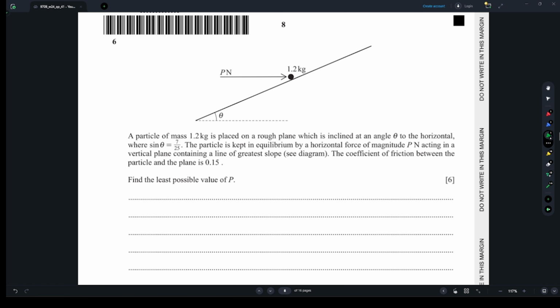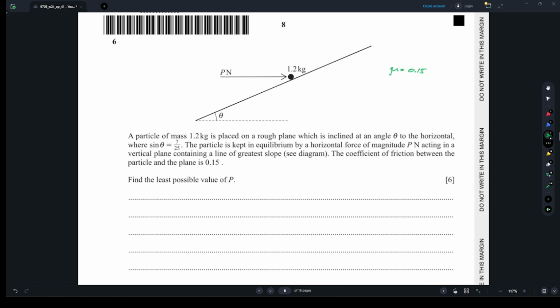The particle is kept in equilibrium by a horizontal force of magnitude P, acting in a vertical plane containing the line of greatest slope. The coefficient of friction between the particle and the plane is 0.15. So that means mu is 0.15.